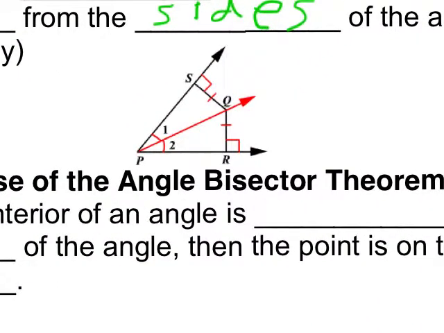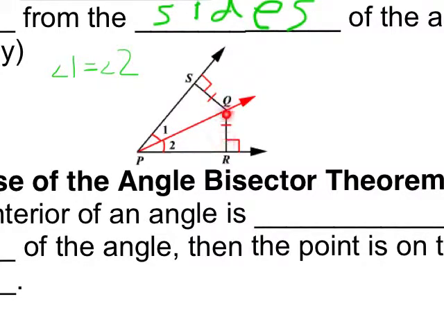Okay, so take a look here. Here's my angle bisector. It bisected it right down the middle, so I know that angle 1 is congruent to angle 2. And I also know that means that this point S, right here on that side of the angle, and this point R on that side of the angle, if I was to go to any point here on this line, it will be equal distance.